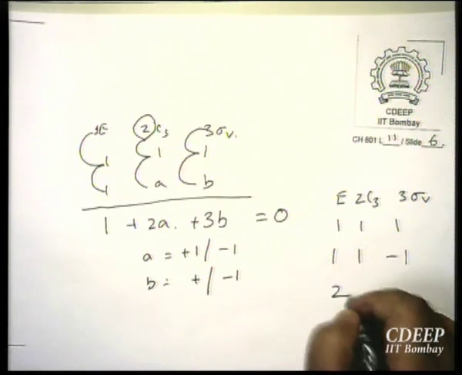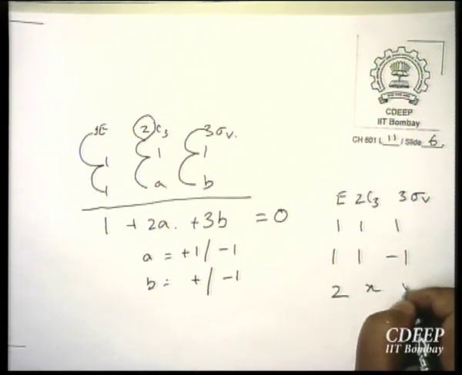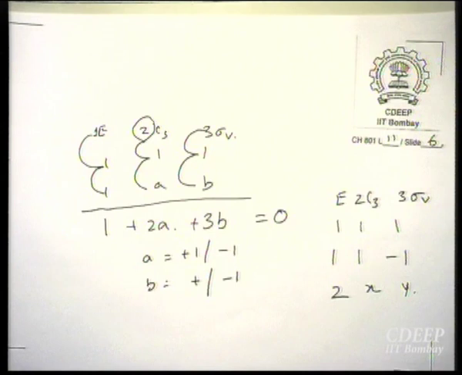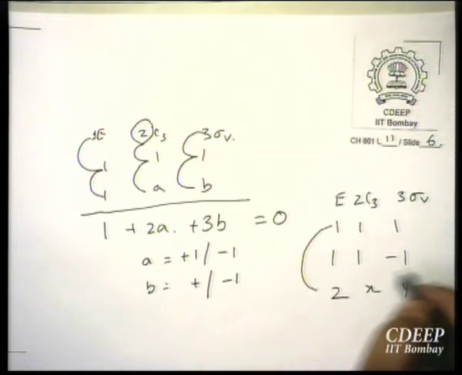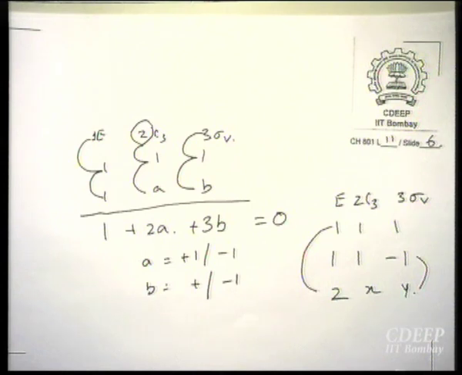Now here I have 2 already. Now this is x, this is y. How do I get x and y? I will need 2 equations. First multiply these two, then multiply these two. That is the easiest way of going about it.